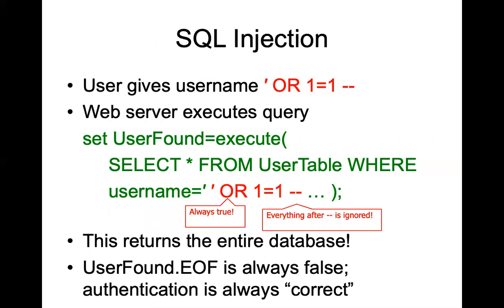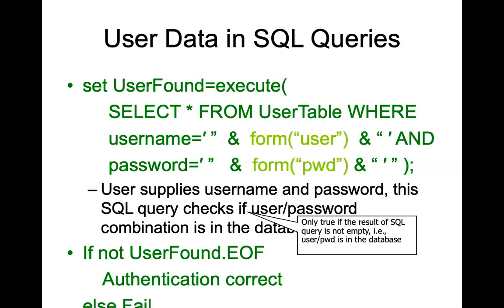Okay, so how can the attacker exploit this? Well, in SQL, the command for a comment is minus minus. Anything you provide after minus minus is going to be ignored. That is how you express comments in the SQL language.